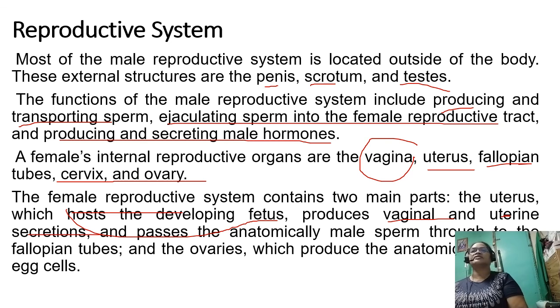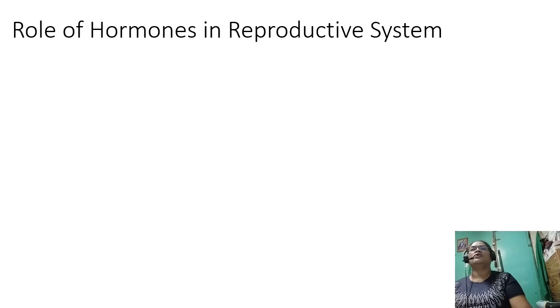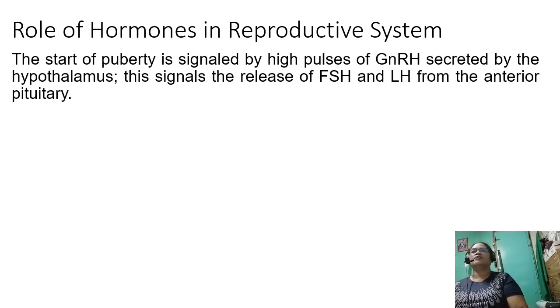Okay, let's look at the role of the hormones in the reproductive system. The start of puberty is signaled by high pulses of GnRH secreted by the hypothalamus.